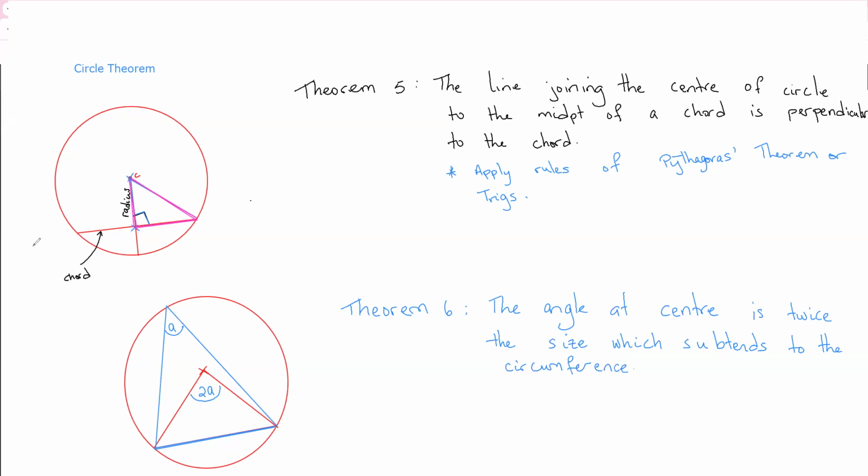Even the way that I explain it in layman terms, if you remember it better that way, once you can explain clearly your reasoning: once they're subtending or sitting on the same chord, where one goes to the center and the other goes up to your circumference, the angle at the center is always double or twice the size of the angle at the circumference.